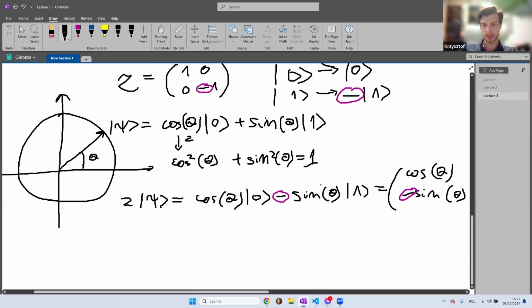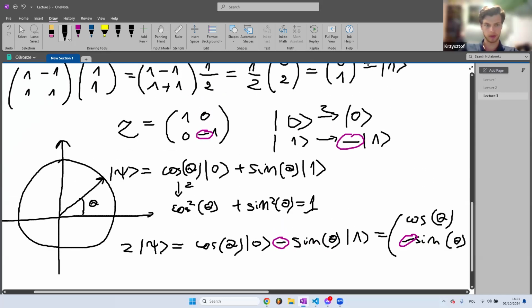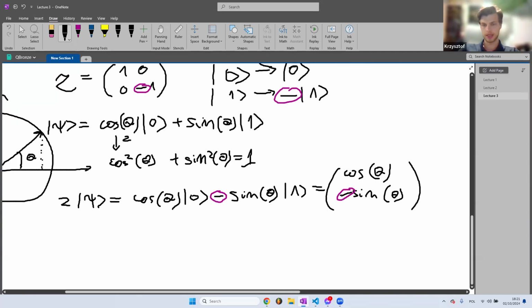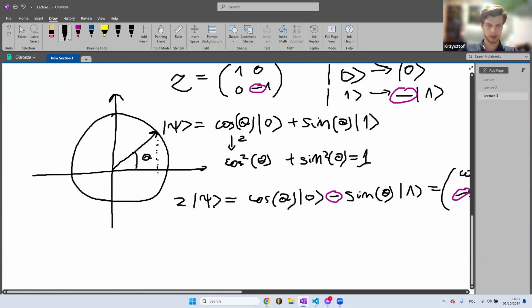So now you see that the value of the cosine, the x value, stays the same, right? But in the y component we have a minus sign. So our transformed vector will be the arrow here, and we also have theta.